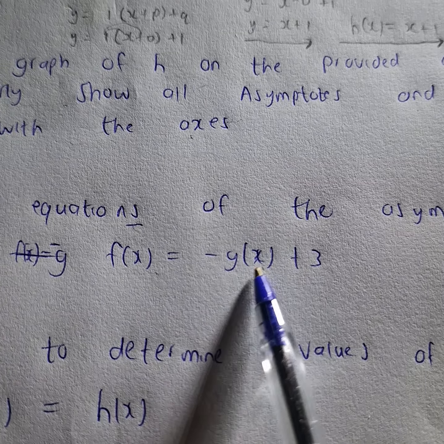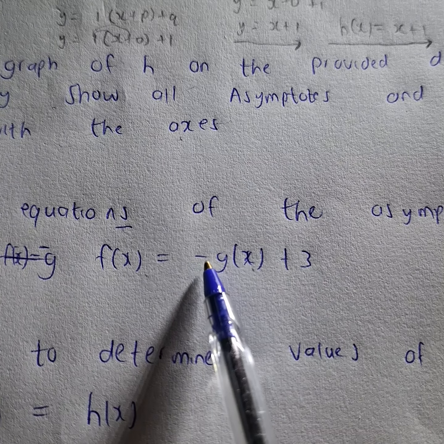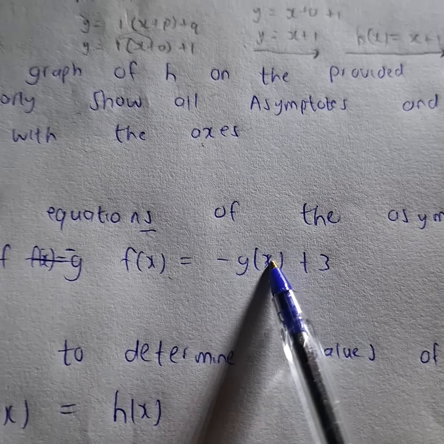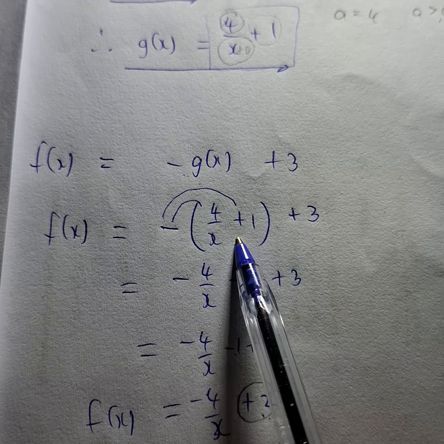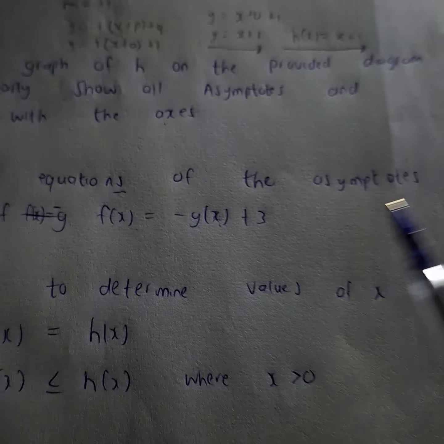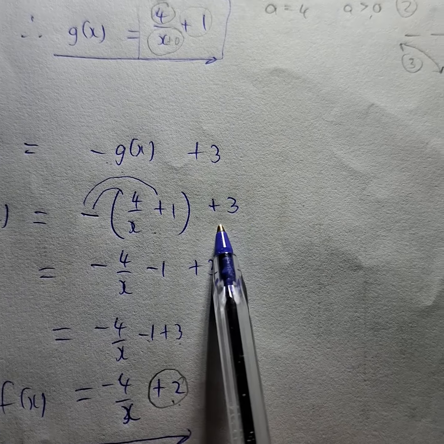And therefore we take negative of the function g of x, which we were able to find is 4 over x plus 1. So we say negative of that function, and then obviously it says plus 3, so we need to add 3.